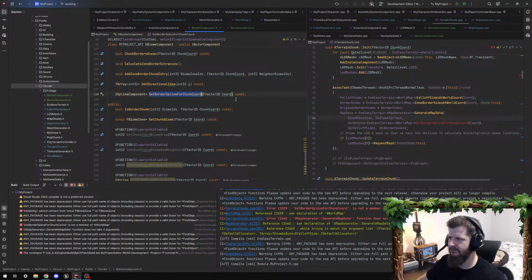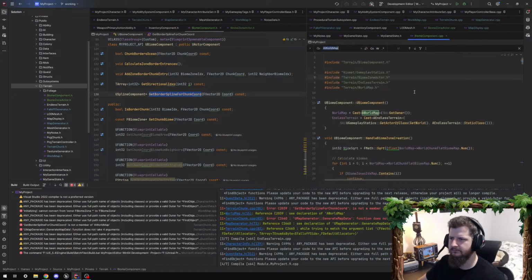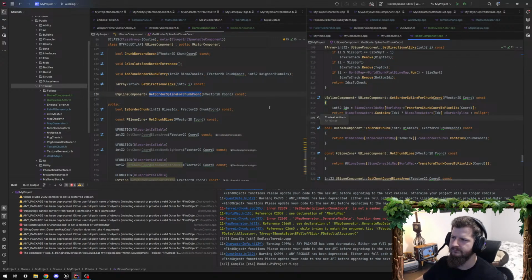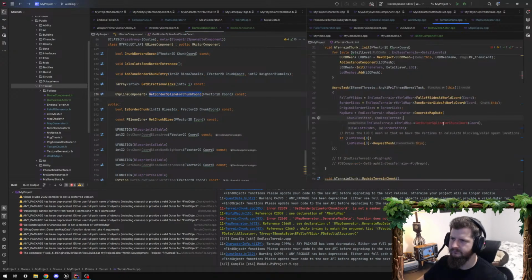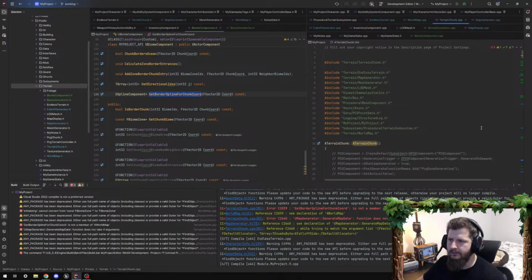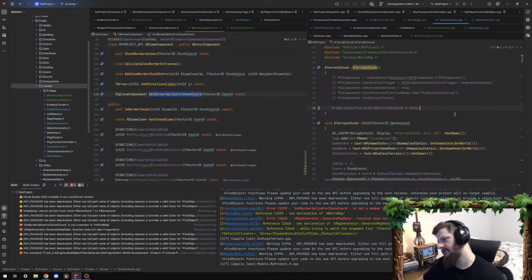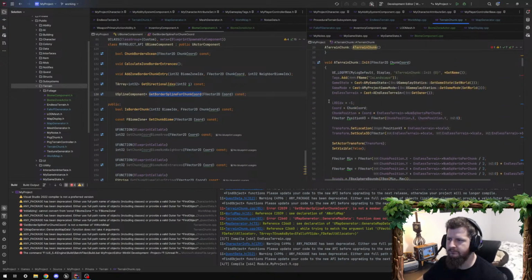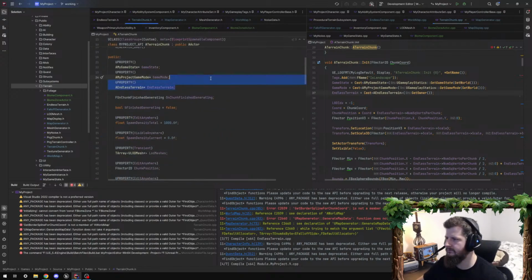This isn't implemented. What? Yeah, it is. Don't lie to me. There you go. Yeah, I should just get it instead of chaining that around. Okay, so when terrain chunk, whenever you get created, where are you at?